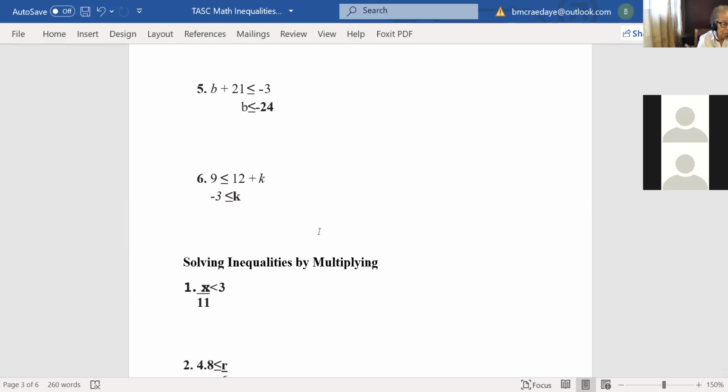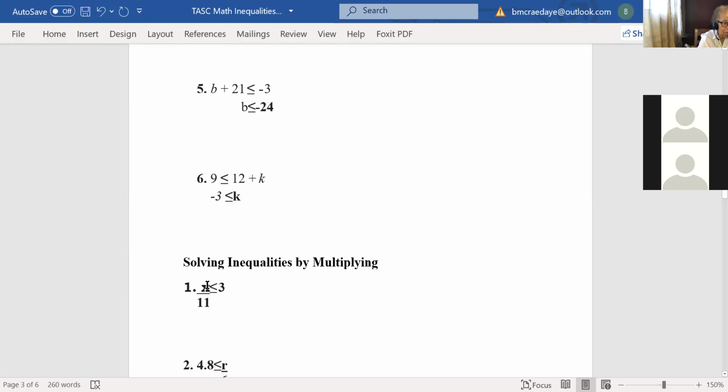I'm sorry, this should be less than or equal to 3, not less than. So x over 11 is less than or equal to 3.